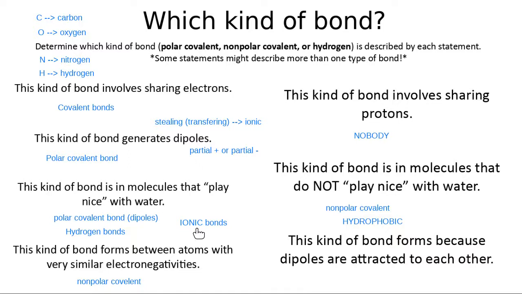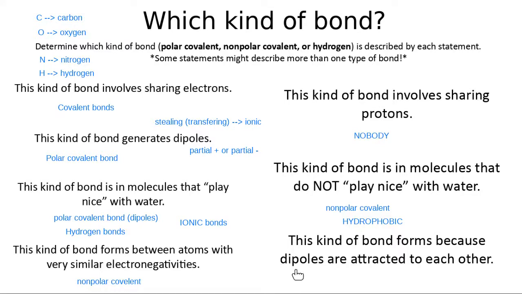So remember that we form ionic bonds when we're completely mismatched for electronegativity. We form non-polar covalent bonds when our electronegativities are very close, and polar covalent if they're kind of in the middle.